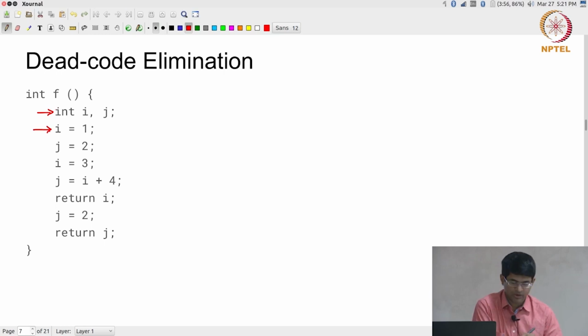Next instruction, i is equal to 1, then j is equal to 2. Now i is equal to 3, which means that any previous assignment to i is redundant. So I can go back and mark this as dead code. Okay? Next instruction, j is equal to i plus 4, overwrites the previous assignment to j, which was 2. That is also dead code.